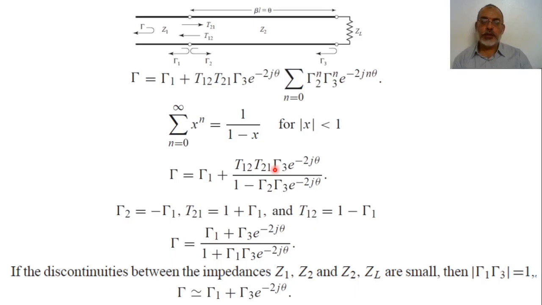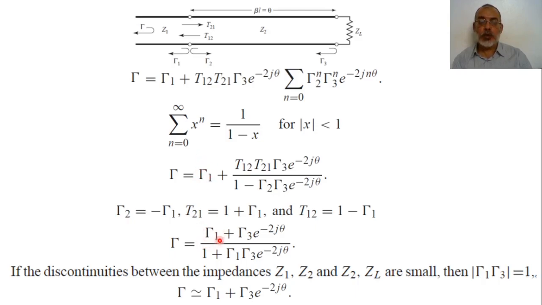So the total reflection coefficient would be gamma 1 plus gamma 1 squared gamma 3 minus gamma 1 squared gamma 3.